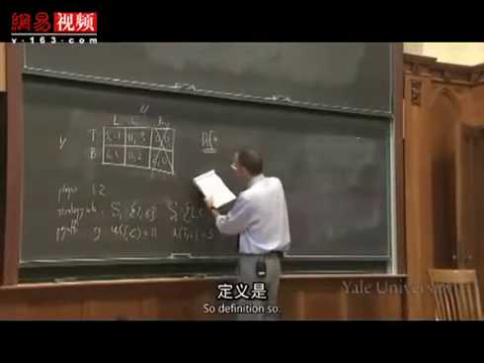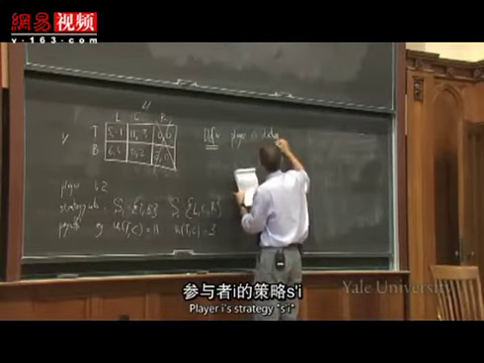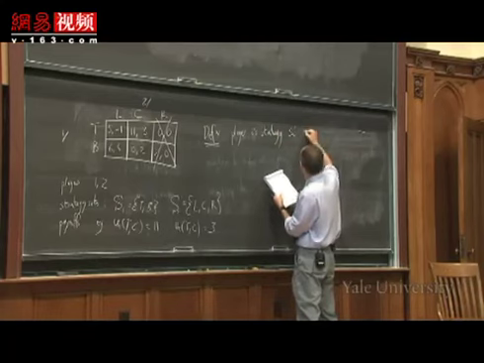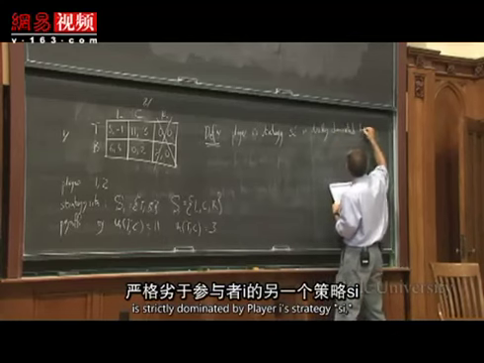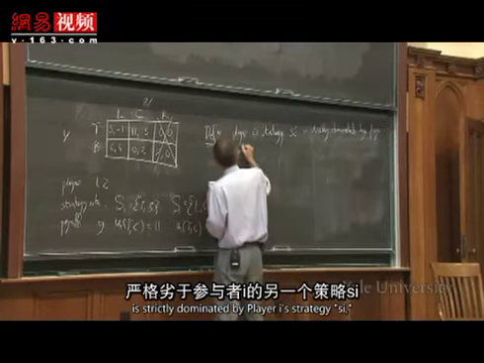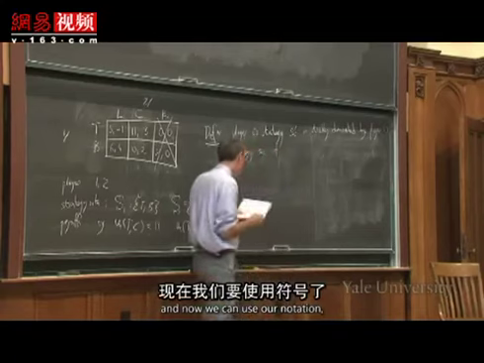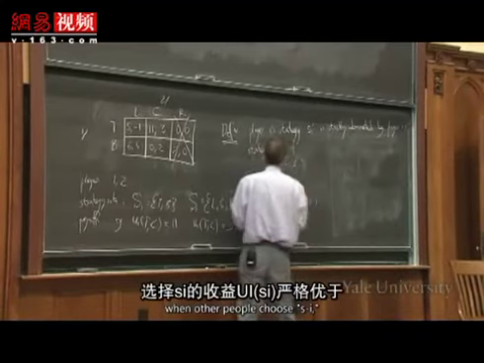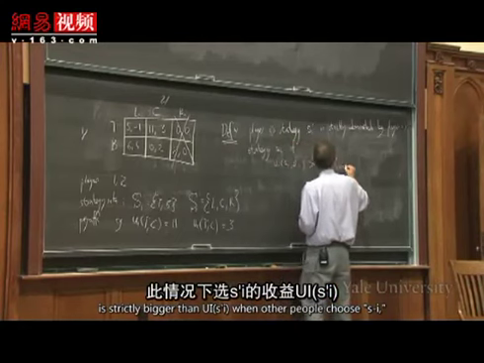Definition: player i's strategy s_i prime is strictly dominated by player i's strategy s_i if, using our notation, u_i from choosing s_i when other people choose s_minus_i is strictly bigger than u_i of s_i prime when other people choose s_minus_i.